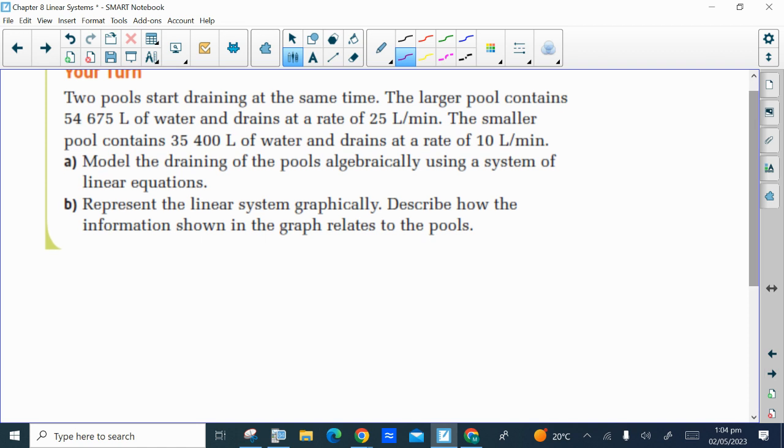So the first one, we have to start by choosing our variables. So we might say that A is the amount of water in each pool.